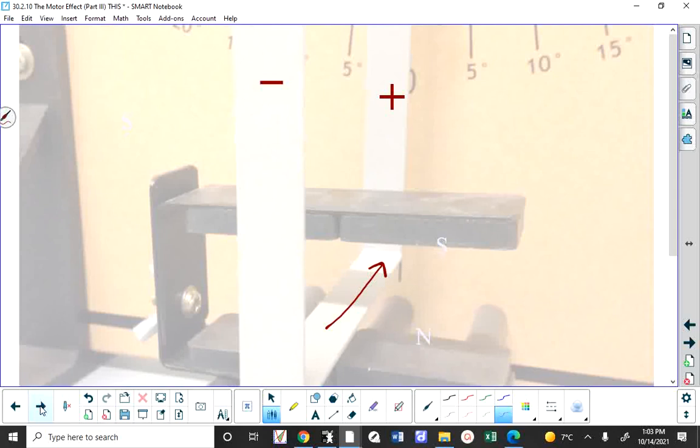Bottom to be north? Is that what I have in there? Okay. And I want to set this up so that conventional current is going to be going in. So while I'm doing that, I'd like you to figure out: if conventional current is in, and the magnets are like this, which direction will this bottom part be forced when I run current through it?